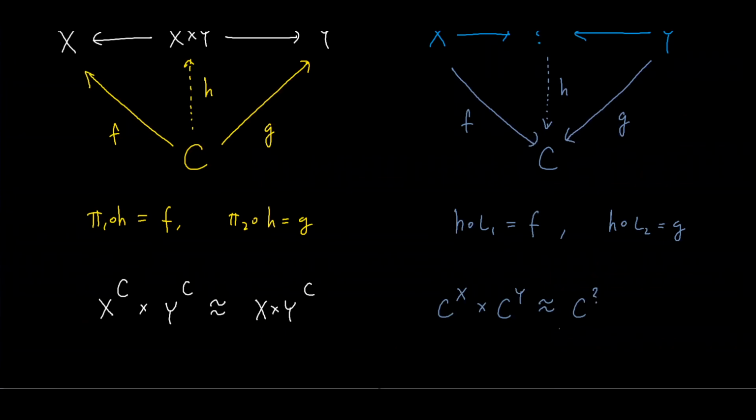Imagine these are numbers. What should go here so that C to the power X times C to the power Y equals C to that power?